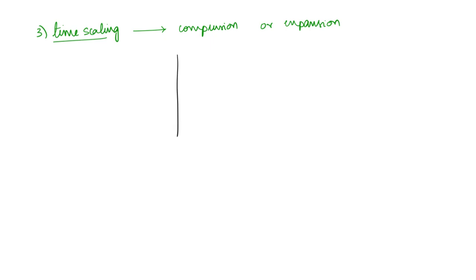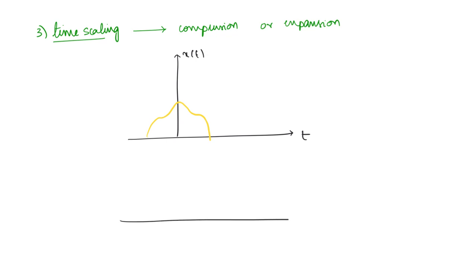So let us say here we have x of t and the signal is going to look something like this. Now if you take x of 2t, okay, so this is the compressed version. So why it is the compressed version, we will see now.